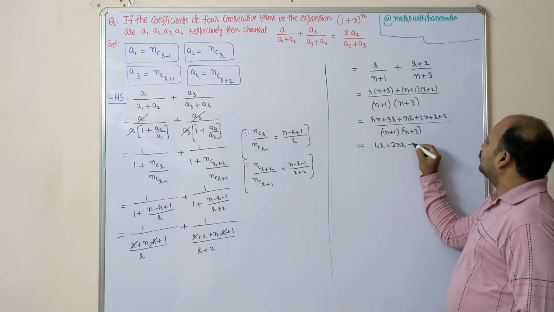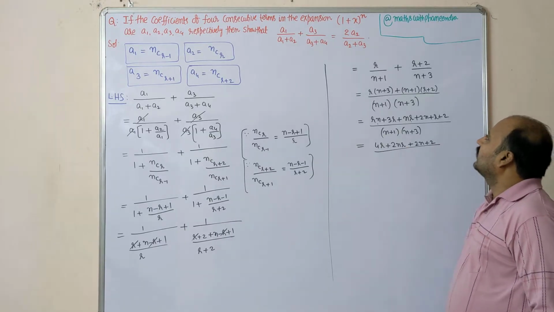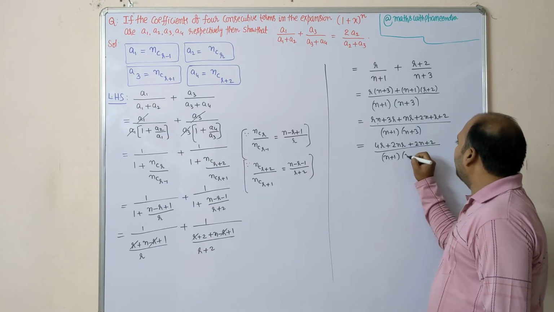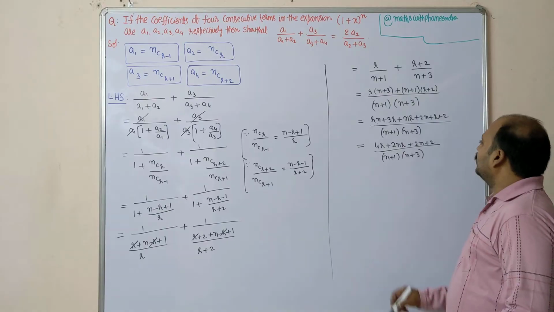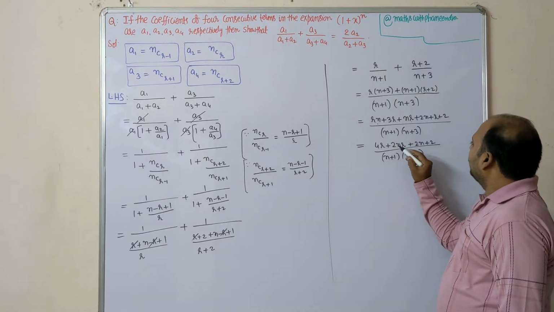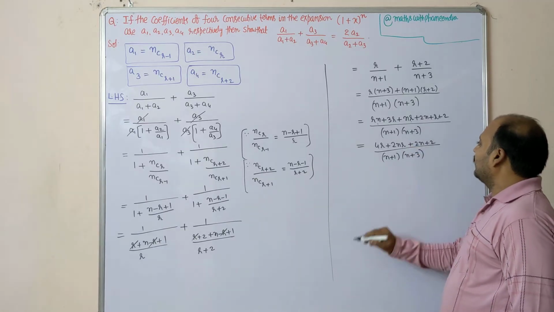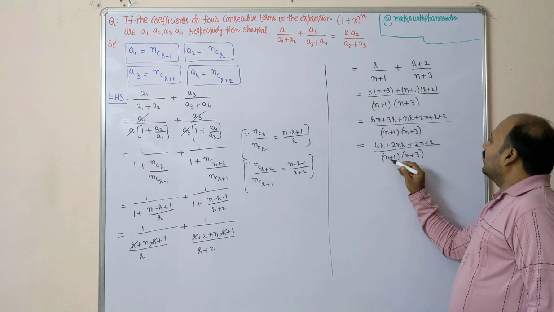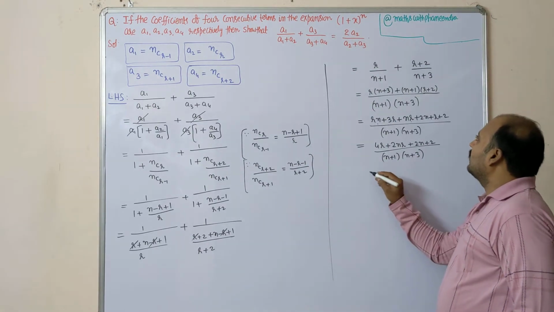Next 2n plus 2 by n plus 1 into n plus 3. Still we need to, here if we take common from these two, is there any chance to get n plus 1? So from this if we take common, r plus 1 will be there.